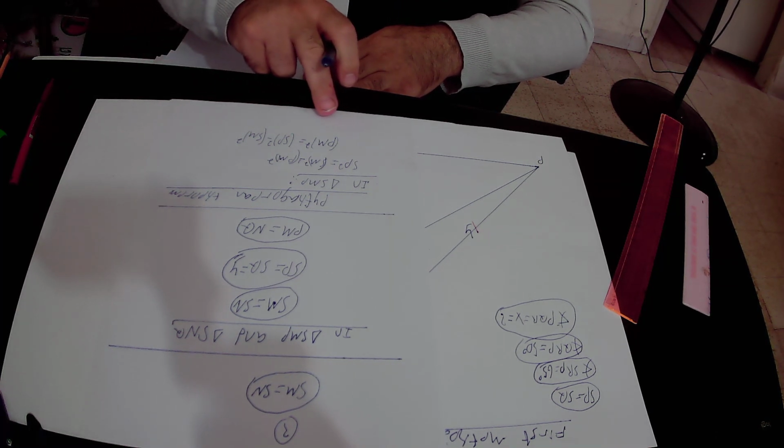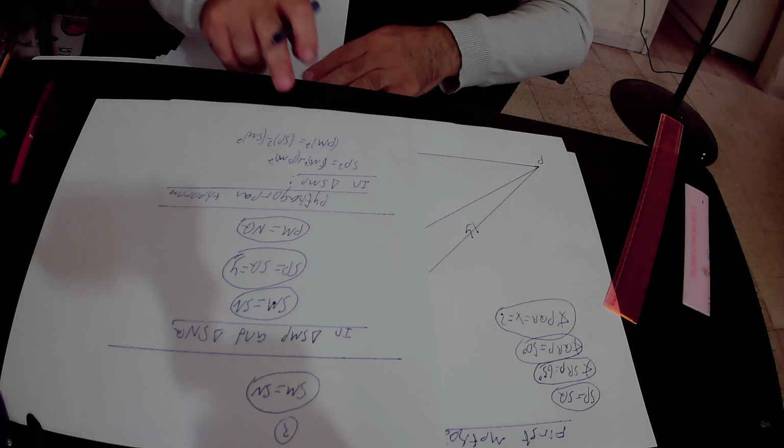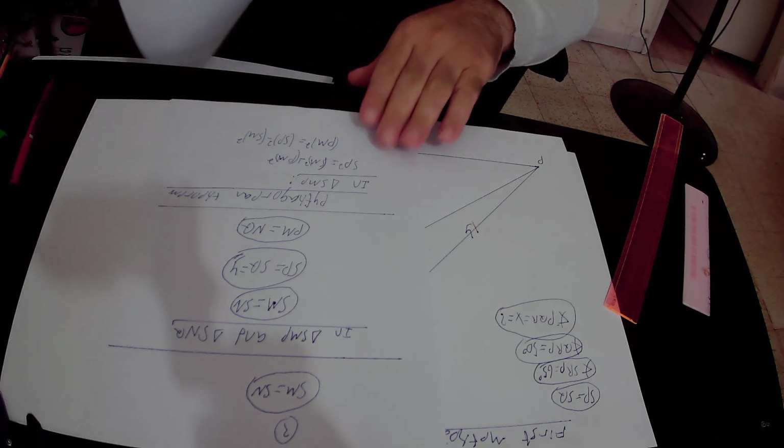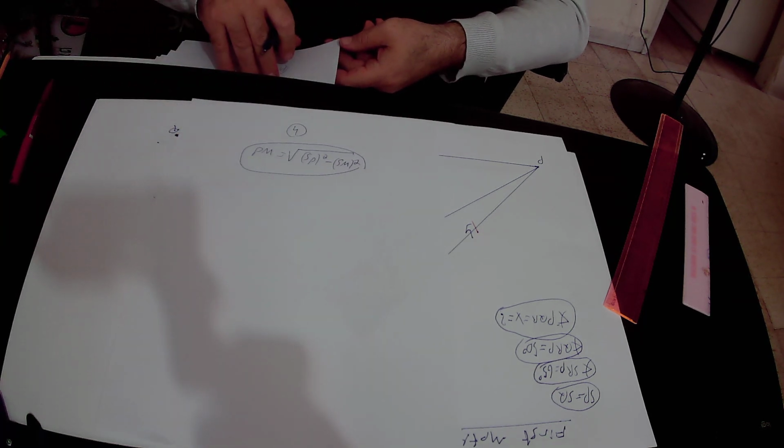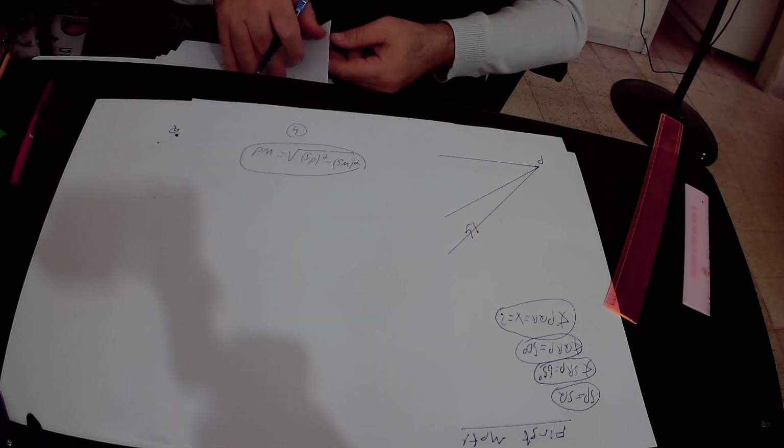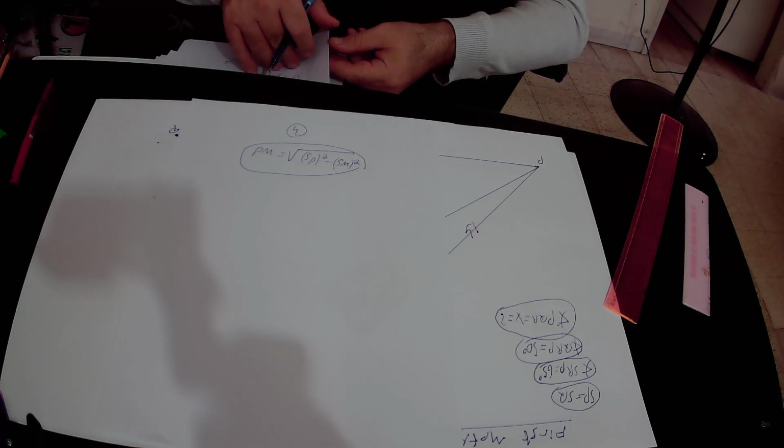So we took a root out of this equality, and we got that PM equals the root of SP square minus SM square.